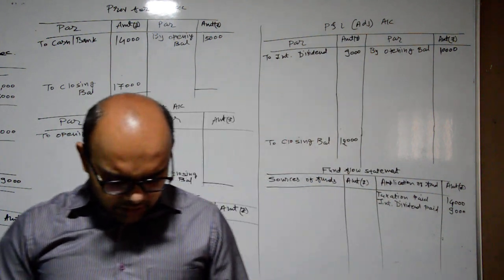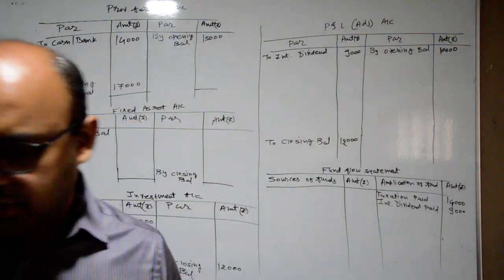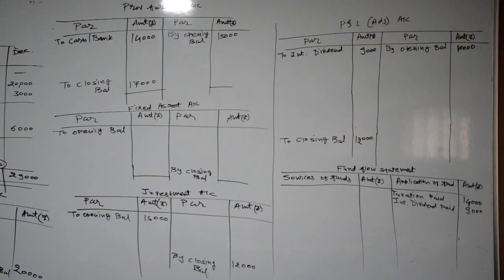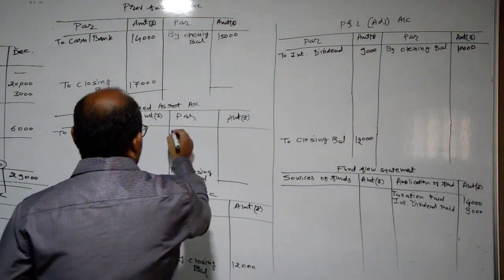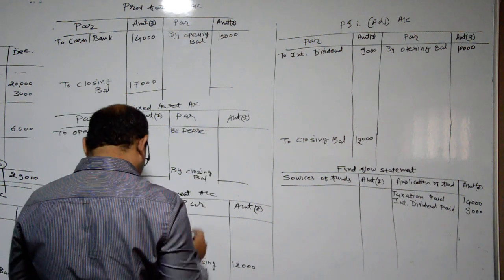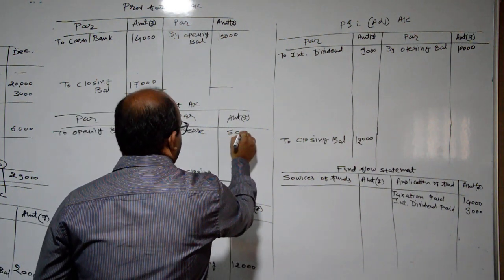Then provision for depreciation rupees 5,000, so the journal entry will be depreciation account debit to fixed asset account. The effect here will be given by depreciation, 5,000 rupees.